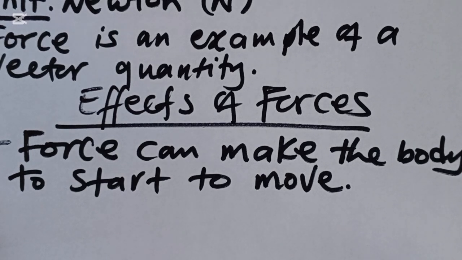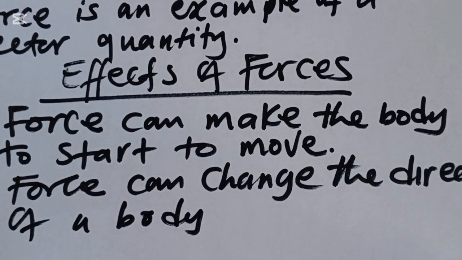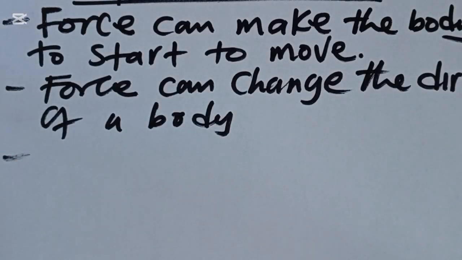Number two, force can change the direction of a body. A good example is a moving vehicle. A moving vehicle can change its direction once an external force is applied. Number three, force can speed up or slow down the speed of an object.